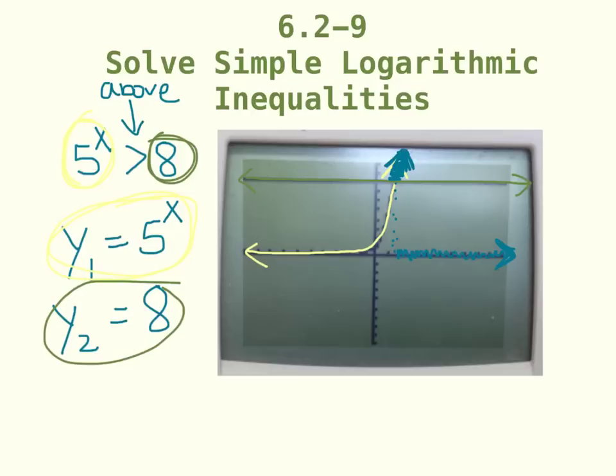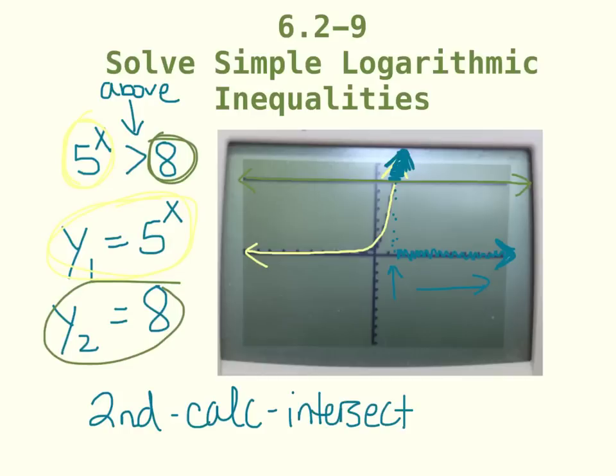So what we need now is just that starting x value, and then we can say x is greater than, because it goes to the right, x is greater than that value. So in your calculator, you just do second calc intersect, to get that value where the two lines cross.